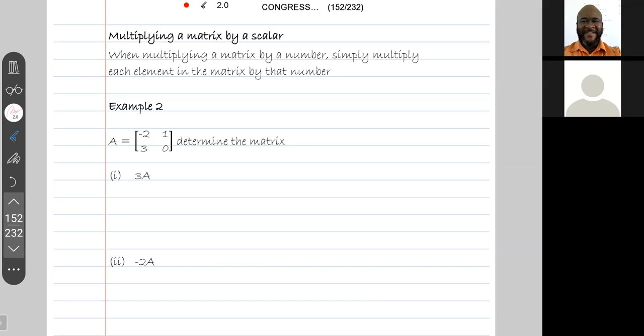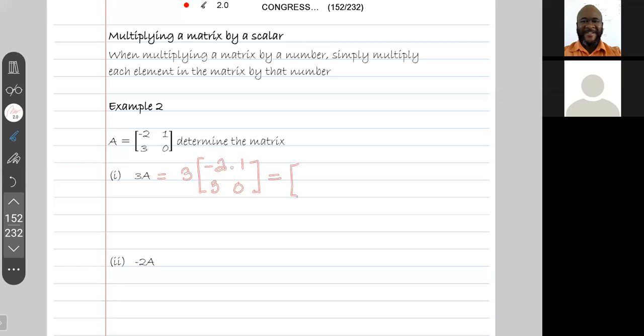So for example, example 2 says A is the matrix minus 2, 1, 3, 0. We're to determine the matrix that is 3 times the matrix A. So 3 times the matrix A means 3 multiplied by A. Guys, whenever you multiply a matrix by a number, you simply multiply every element in the matrix by that number.